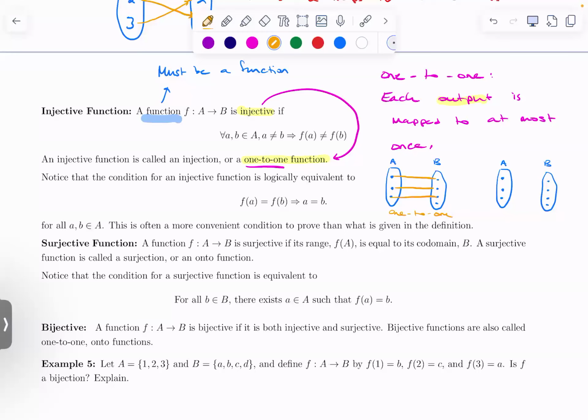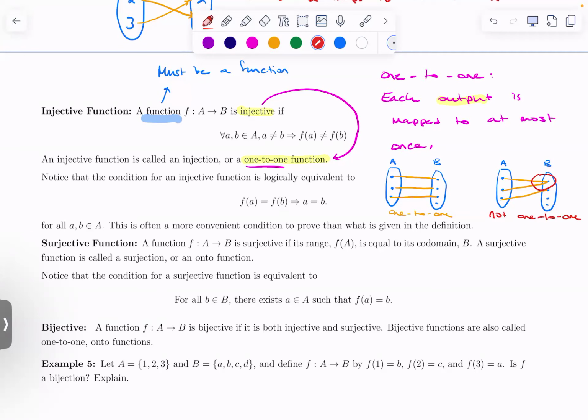versus maybe something like this. Not one-to-one. Exactly.